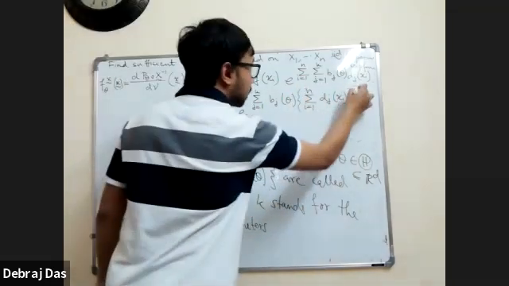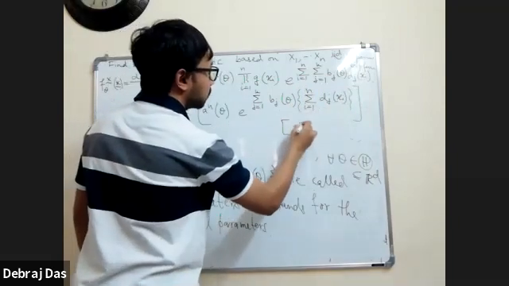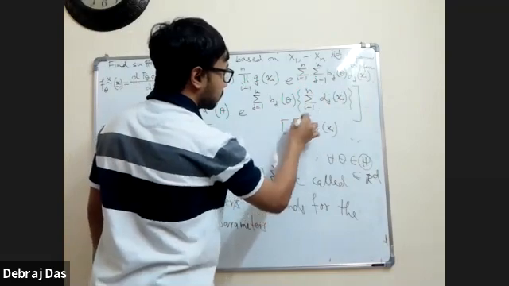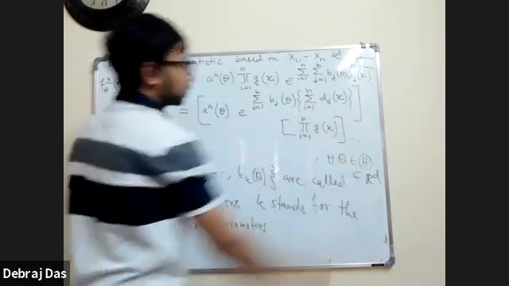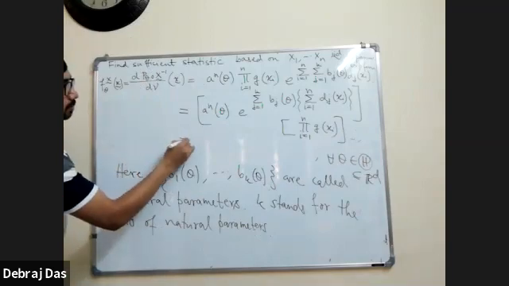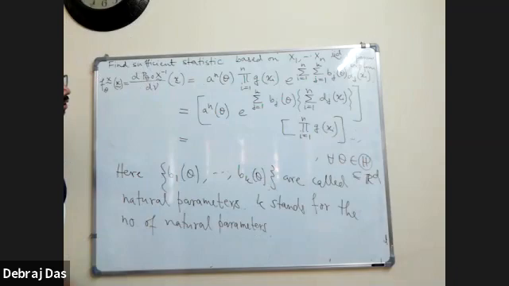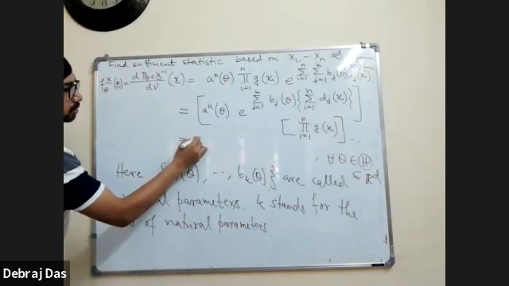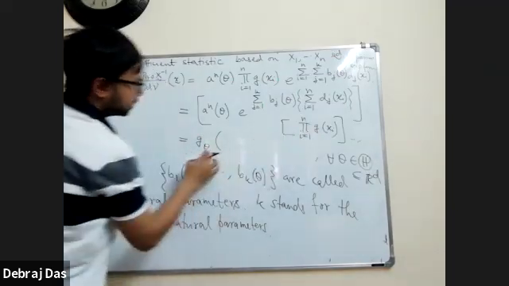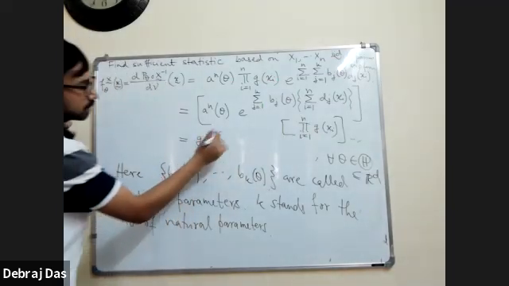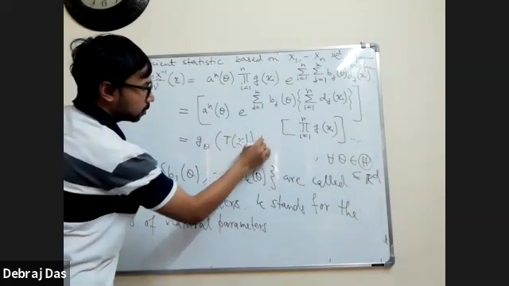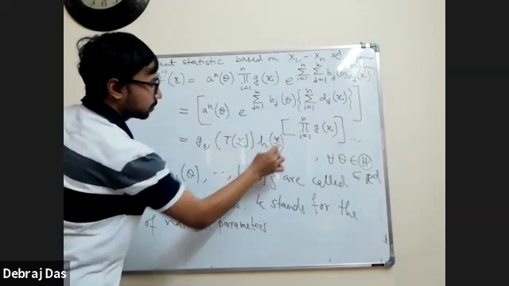This whole thing multiplied by product of h of xi. So that means this is g of theta. These g and these g are different. So g of theta, t of x, into h of x.